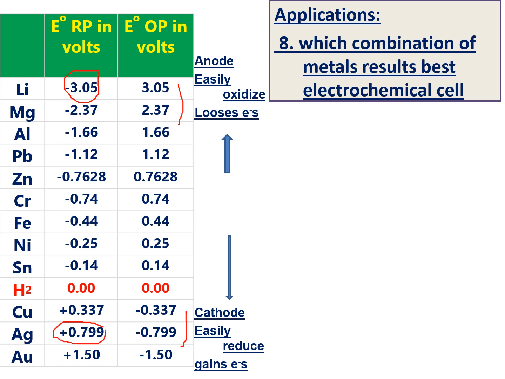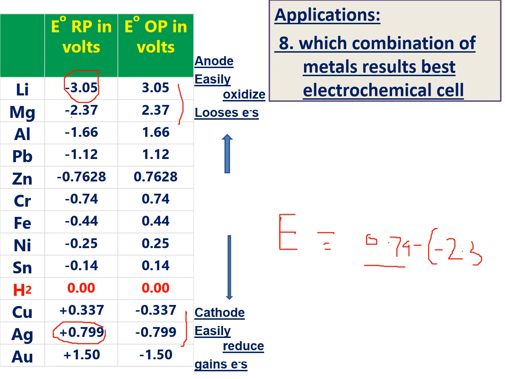According to our formula, E naught is equal to E naught reduction of the cathode minus E naught reduction of the anode. Here silver is the cathode, so I write first the reduction potential of the cathode, 0.799, minus the reduction potential of the anode. The anode is magnesium, whose reduction potential is minus 2.37.